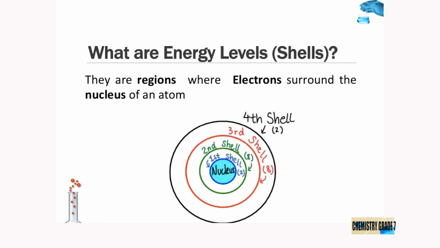Only certain orbits are permitted for electrons to revolve around the nucleus. As electrons occupy positions further away from the nucleus, their energy increases. Any electron that is farther away from the nucleus has greater energy than those that are closer to the nucleus. That's why these shells are called energy levels.